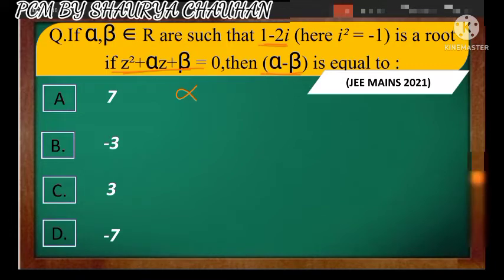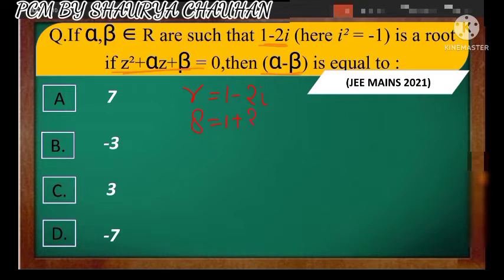Here we should not take alpha, because alpha and beta are asked. So let's take them as gamma and delta. Here gamma is 1 minus 2 iota and delta is 1 plus 2 iota.